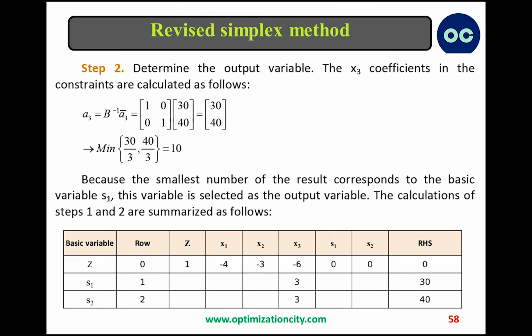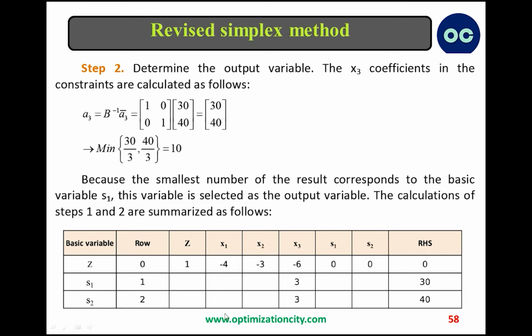In step 2, we determine the output variable. We calculate the coefficient of x3 in the constraint as follows. Because the smallest value corresponds to the basic variable S1, we select S1 as the output variable. So we do the ratio test, and we find that S1 is the output variable.